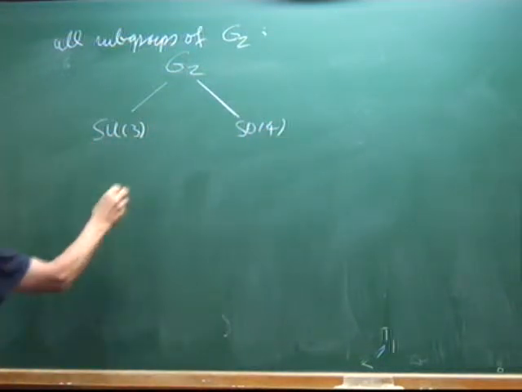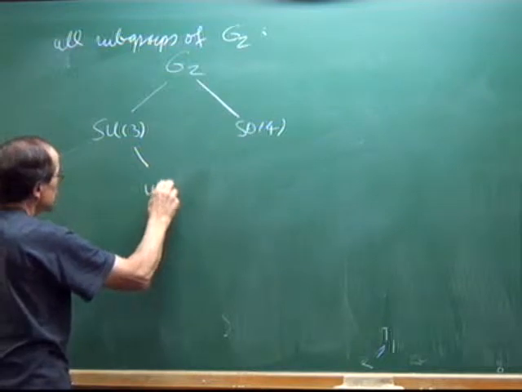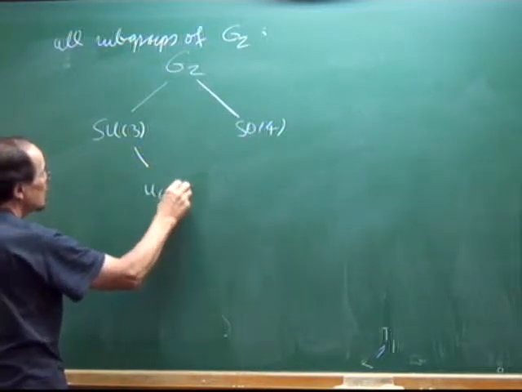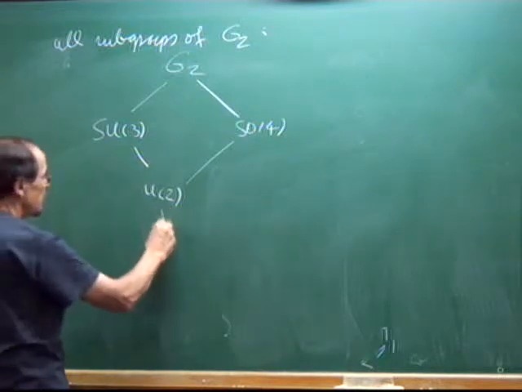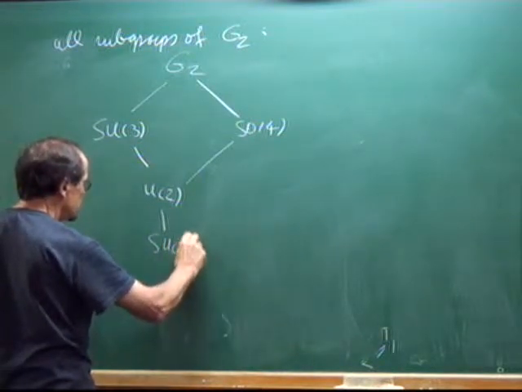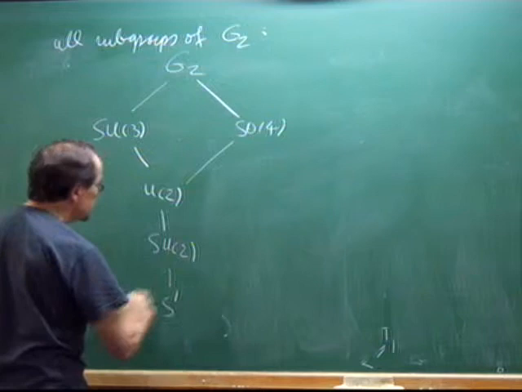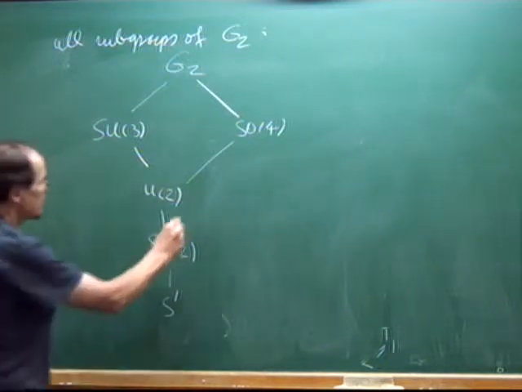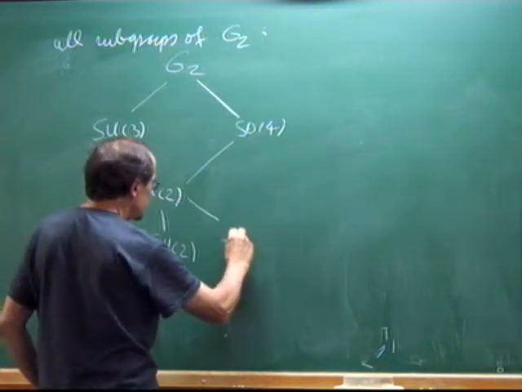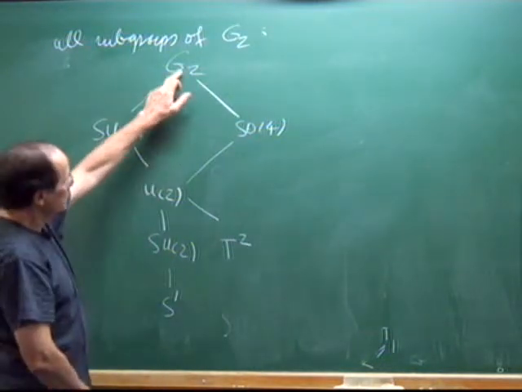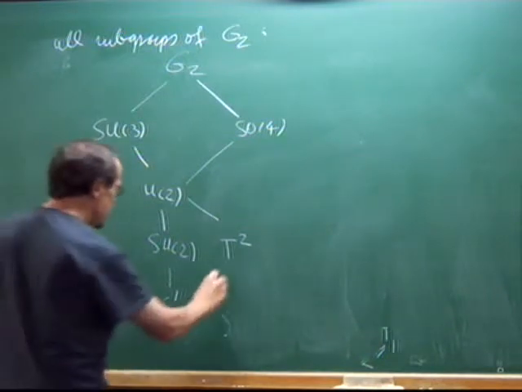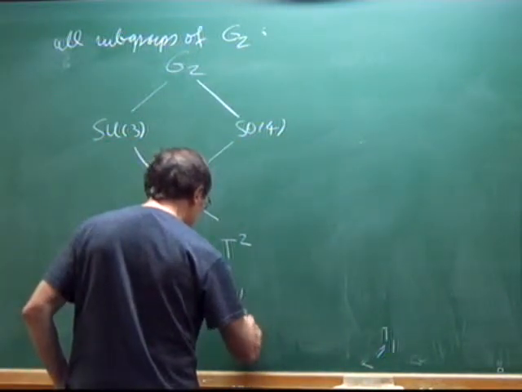In SU3 I have a U2 that also sits inside SO4. In U2 I have an SU2 which contains a circle, because I also have a T2 inside U2, therefore inside SO4. That's a torus inside G2. Inside the torus I have a circle of any slope p comma q.